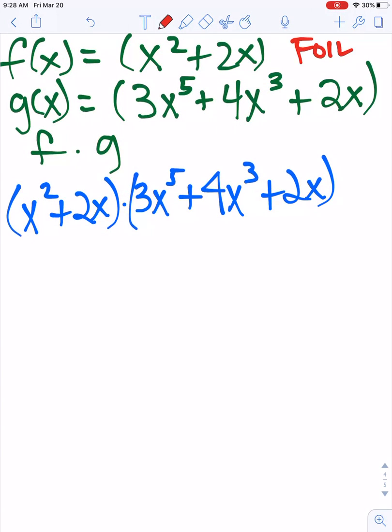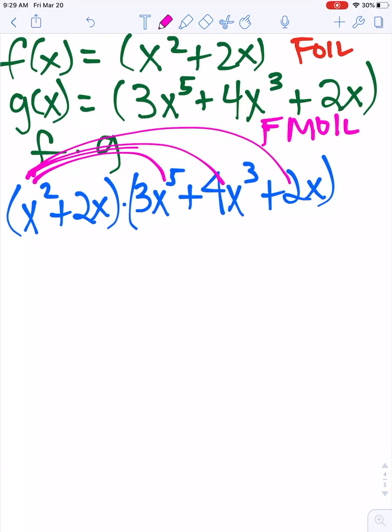Or, if you've had me before, this is what I call FMOIL. I call it FMOIL because there's a middle part, and it reminds me that I have to do the middle part. So I'm going to take my x squared and distribute it to every single term, including this middle term here. This middle term is what makes foiling and FMOILing different.